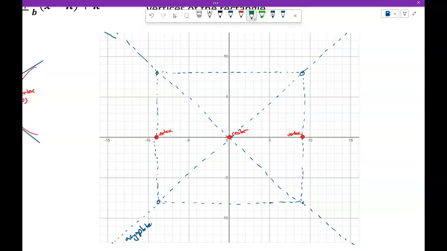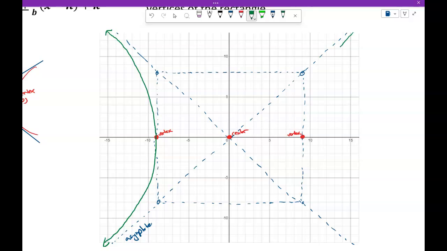So our hyperbola is going to start close to the asymptotes, but slowly get further away as it approaches the vertex, pass through the vertex, and then start to get closer and closer to the asymptote, but it will never cross over the asymptote as we zoom out. And we'll do the same on this side.